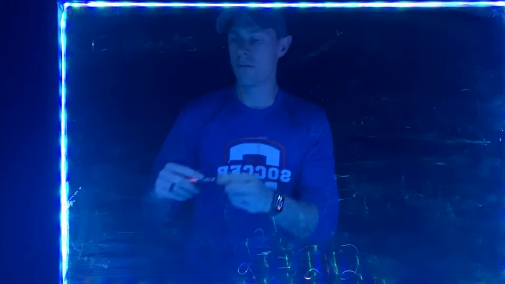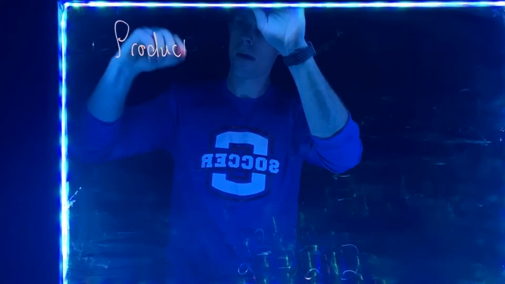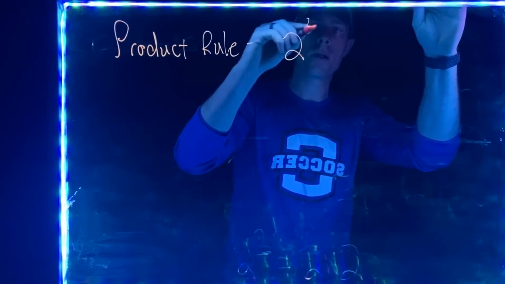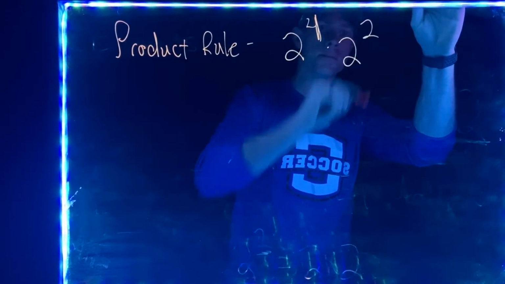All right, by the way, this is called the product rule. Let's say we have 2 to the 4th, and we want to multiply that by 2 squared.